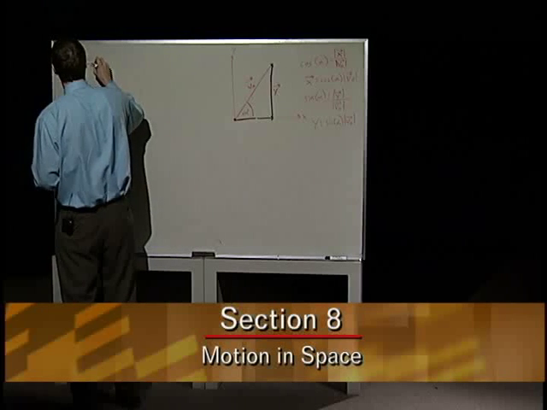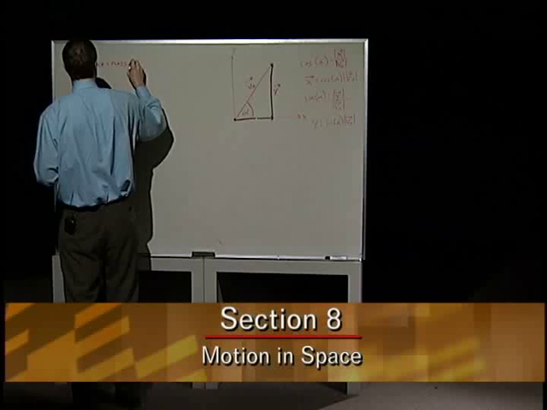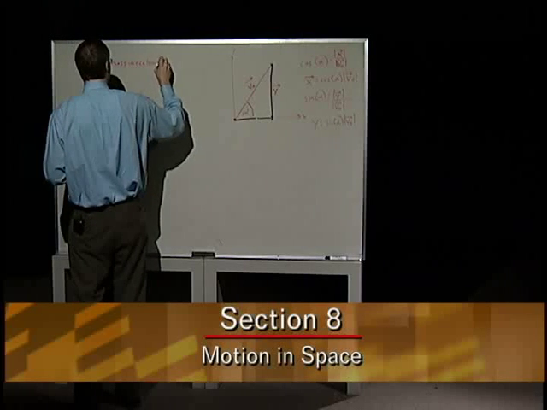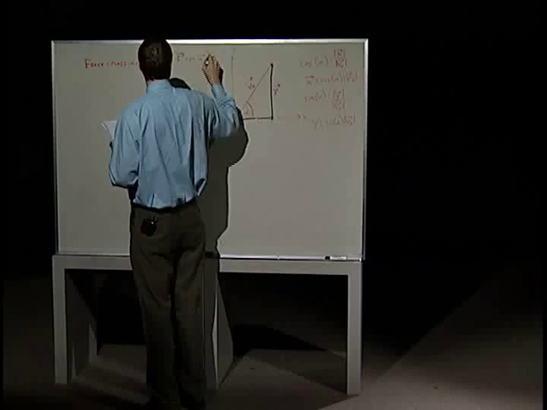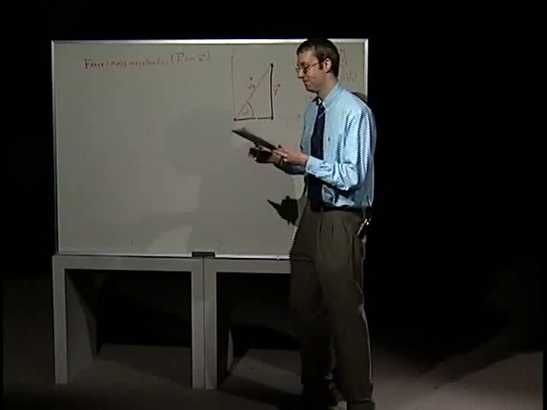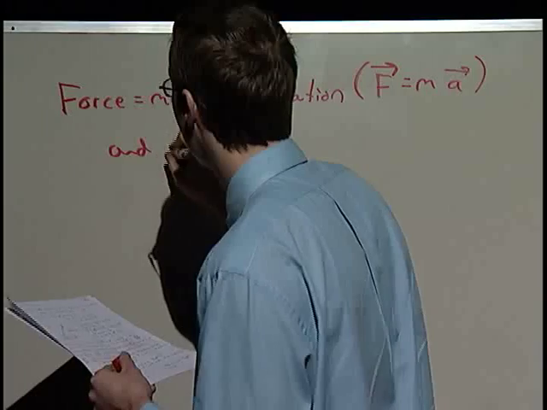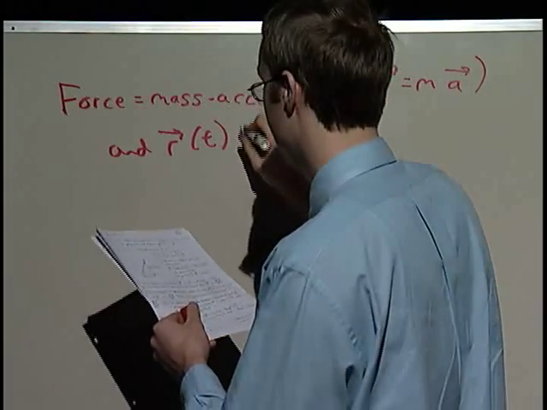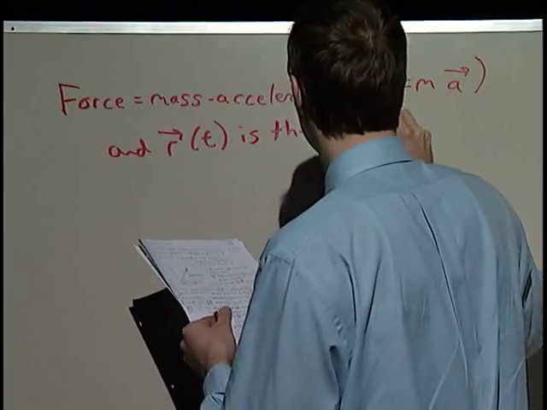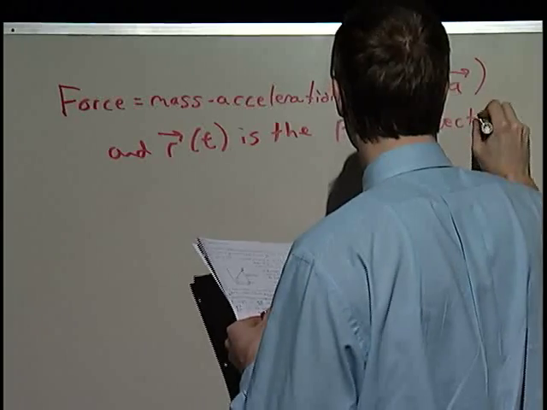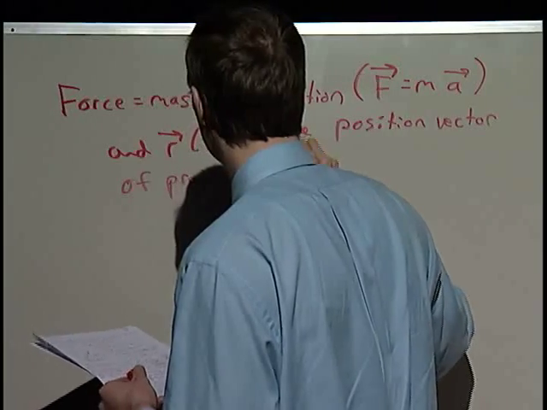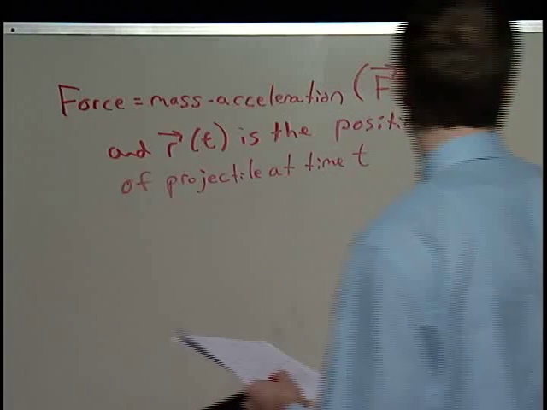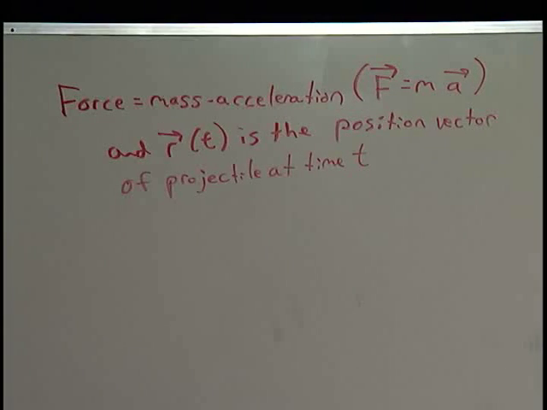So we know the old physics equation, force equals mass times acceleration, i.e. F equals ma. And we know that r of t is the position vector of the projectile at time t. So whatever time t this is, r of t is a position vector. Well, acceleration is the second derivative of position.